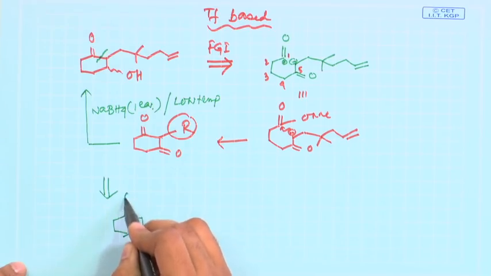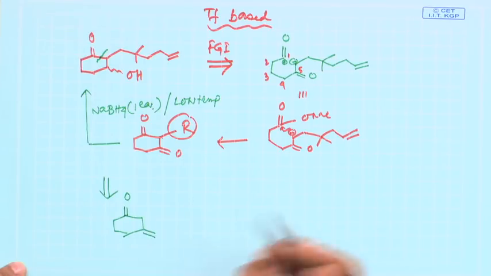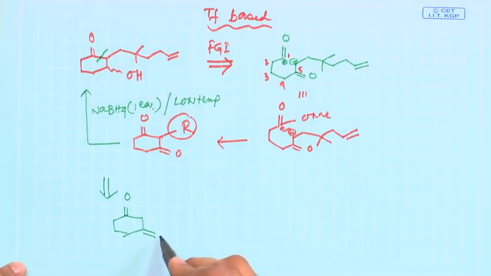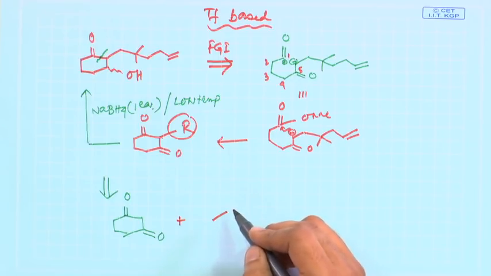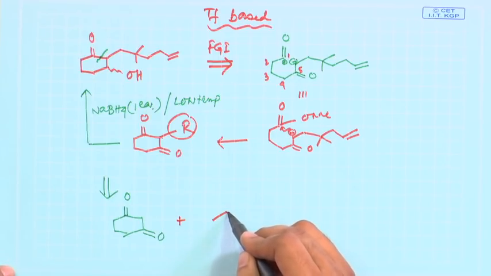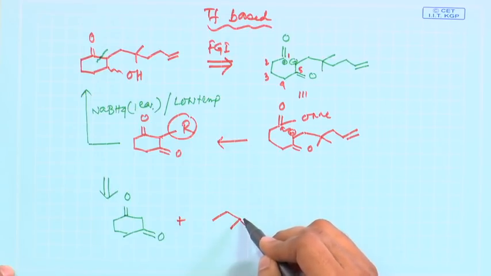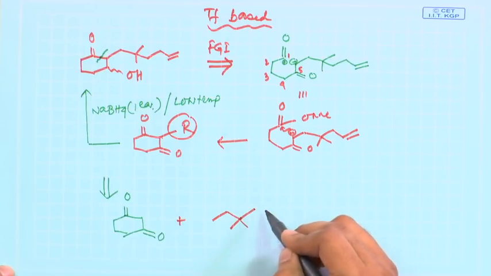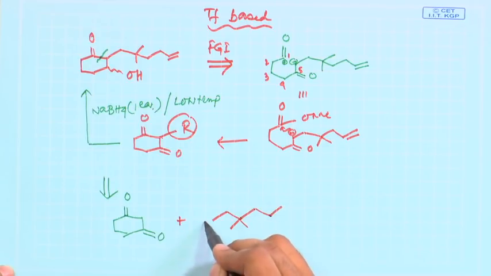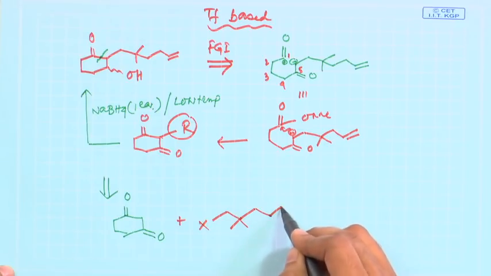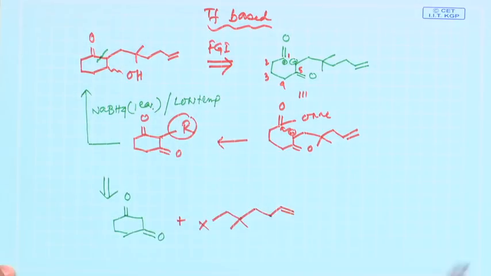Next, I am trying to provide you another route, where if I have a 1,3-dicarbonyl compound like this, I choose an electrophile which satisfies the entire structure. The starting material structure you can work out based on this.